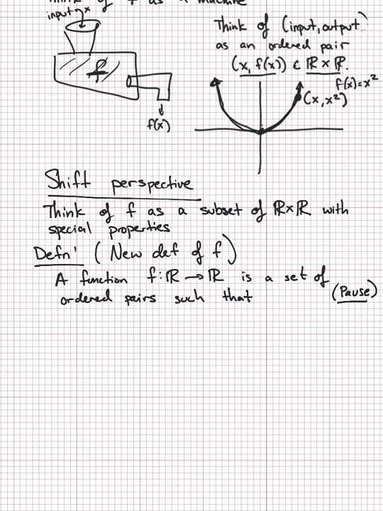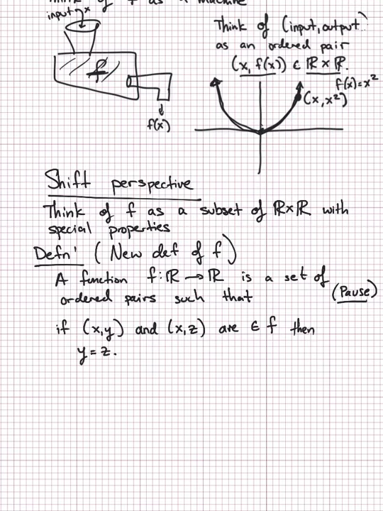Okay, so let's think. The only condition we had on f was that if I gave you an x, there was a unique f of x. So translating that condition into ordered pairs says that if I have (x, y) and (x, z), and these are elements of f, then y is equal to z.